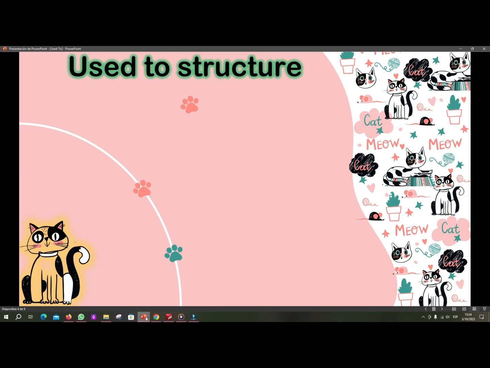So also used to, the structure for the affirmative sentences. We're going to have first the subject, right? Also used to. That would be like that structure, right? Used to in past plus the verb in the base form. You're going to use the infinitive form of the verbs here, right? So in the base form, and also the complement.